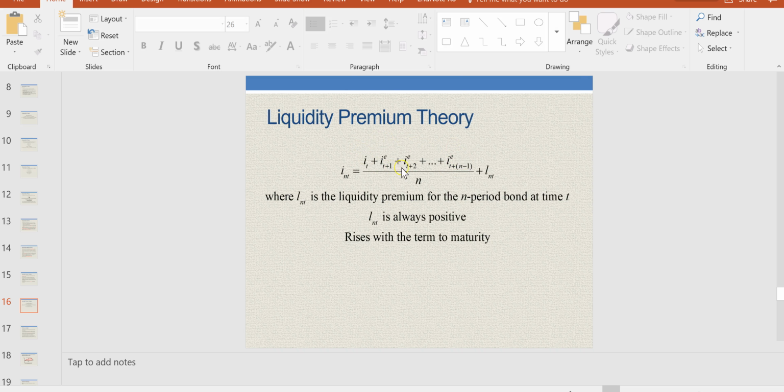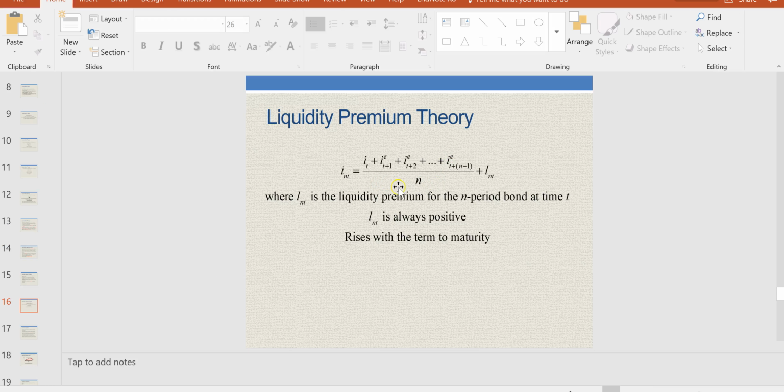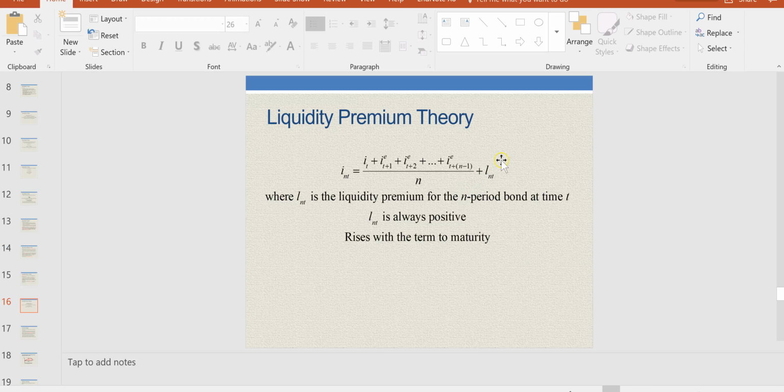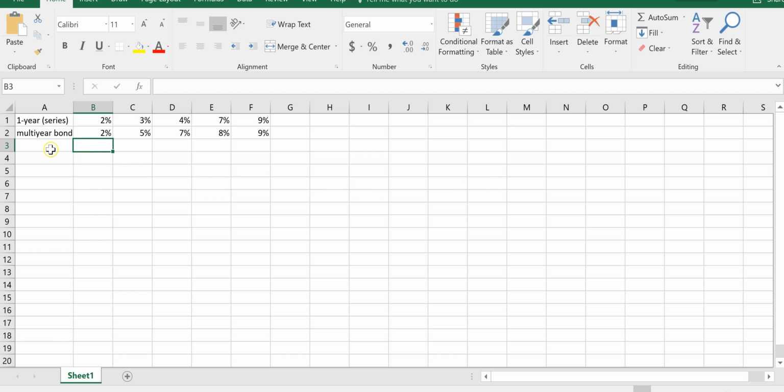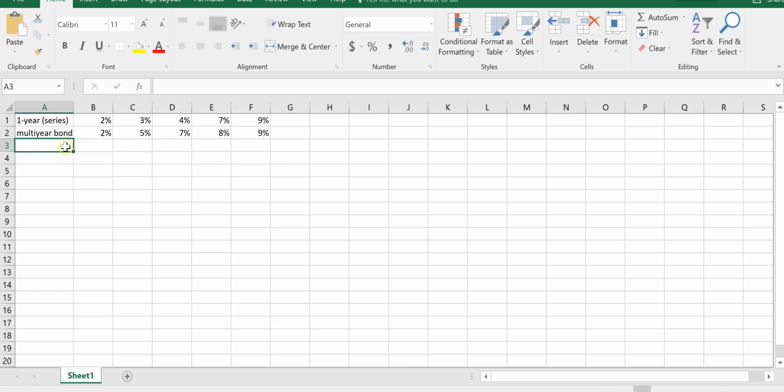These numbers are the 1-year series of interest rates, 2%, 3%, and so on. And this INT here is 2%, 5%, 7%, 8%, 9%. So in order to calculate this liquidity premium, we first need to calculate the average of this series of future 1-year interest rates.